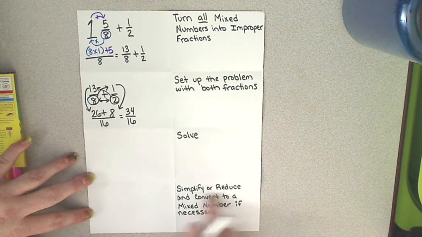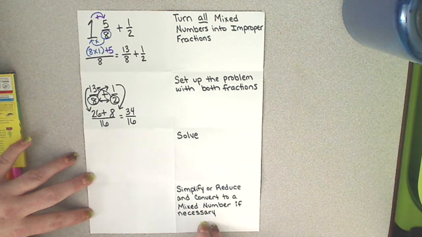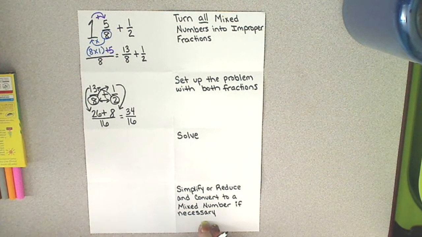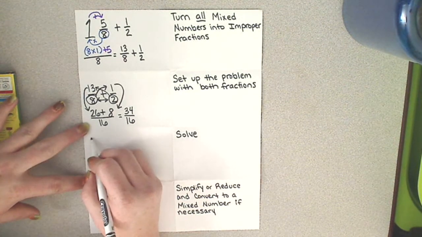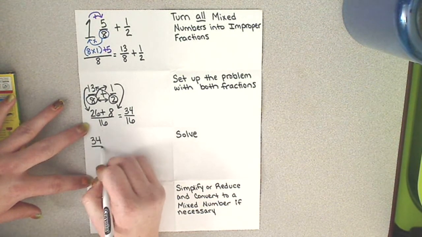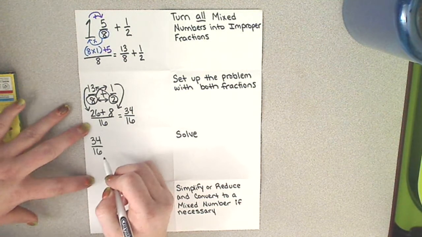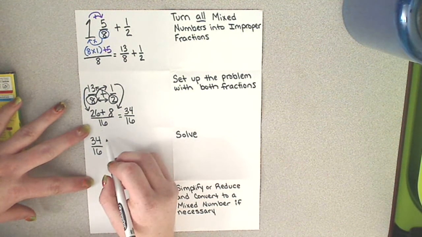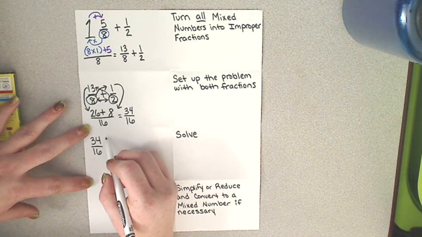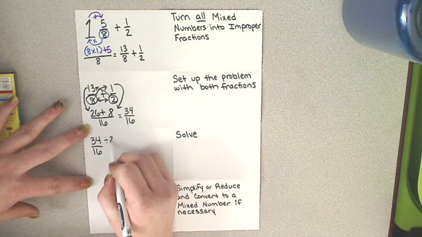And now we need to simplify or reduce and convert to a mixed number if necessary. So I'm going to take my 34 sixteenths and I'm going to go ahead and reduce. I know that both of these can be divided, at the very least, by 2.